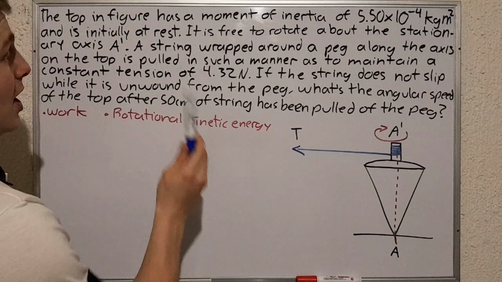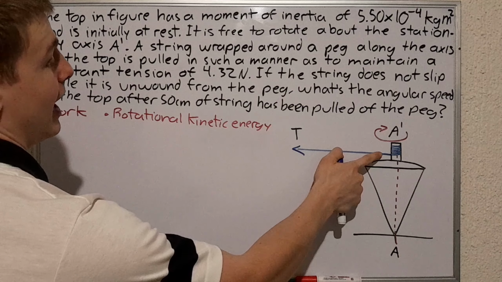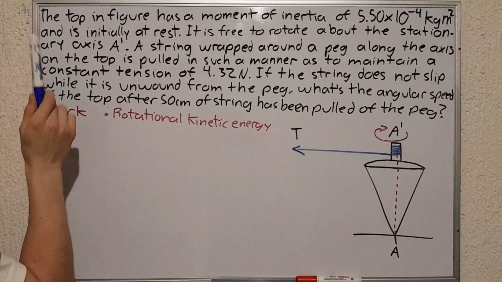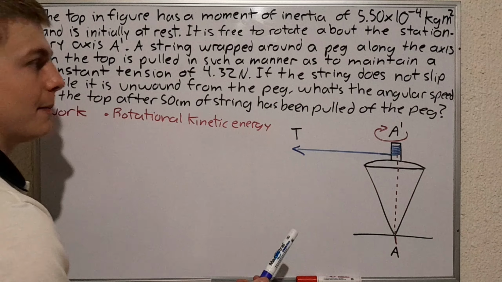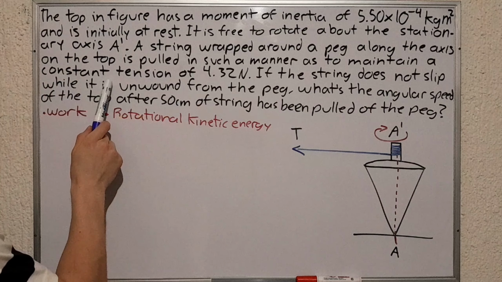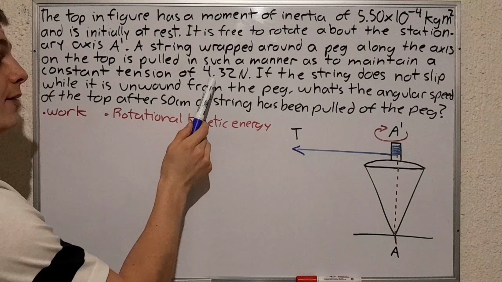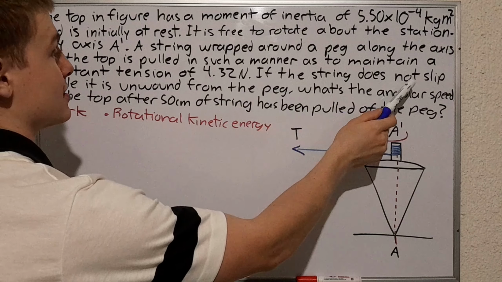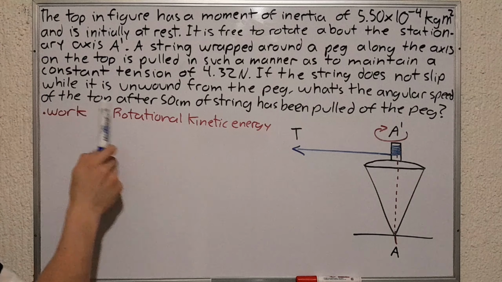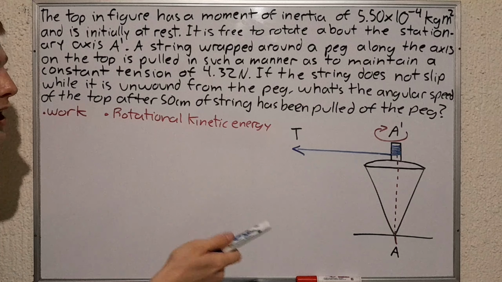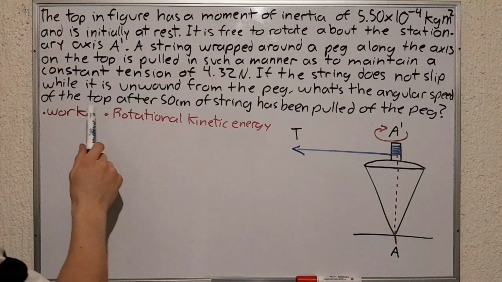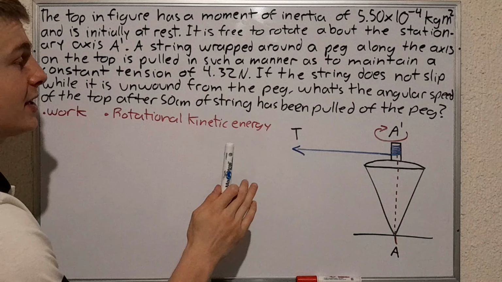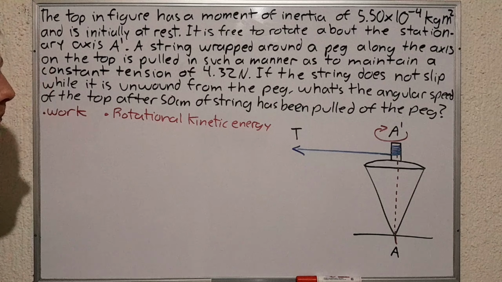Then a string wrapped around a peg along the axis on the top is pulled in such a manner as to maintain a constant tension of 4.32 newtons. If the string does not slip while it is unwound from the peg, what's the angular speed of the top after 50 centimeters of string has been pulled out of the peg?